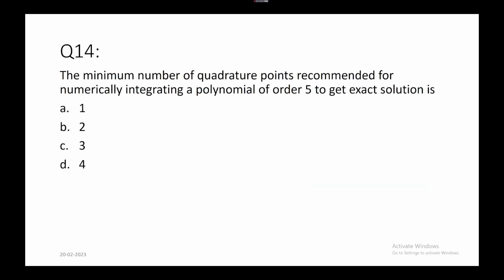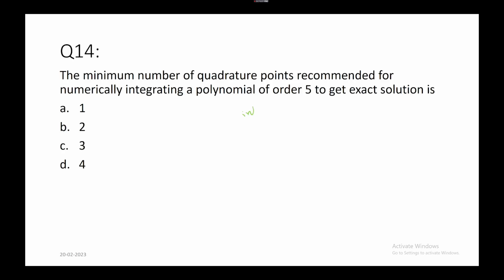Okay, we will go to question number 14. The minimum number of quadrature points recommended for numerically integrating a polynomial of order 5 to get exact solution. So can anyone guess the answer? Polynomial is order 5.